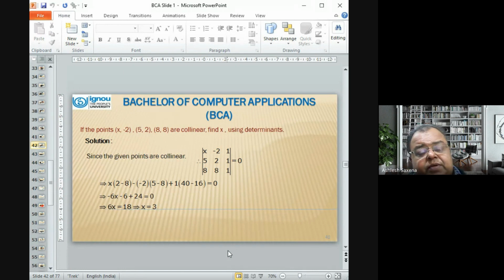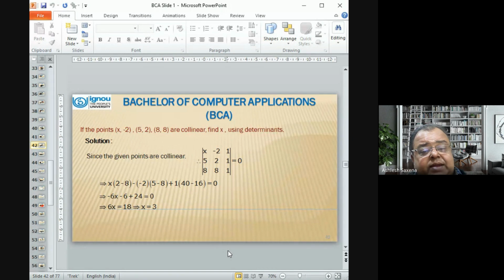Open it up in terms of x. x into 2 minus 8, -2 will become +2 into 5 minus 8, plus 1, 40 minus 16 equal to 0. Remember, x can be a negative number or a positive number. Don't be worried about it, but your calculation has to be correct.